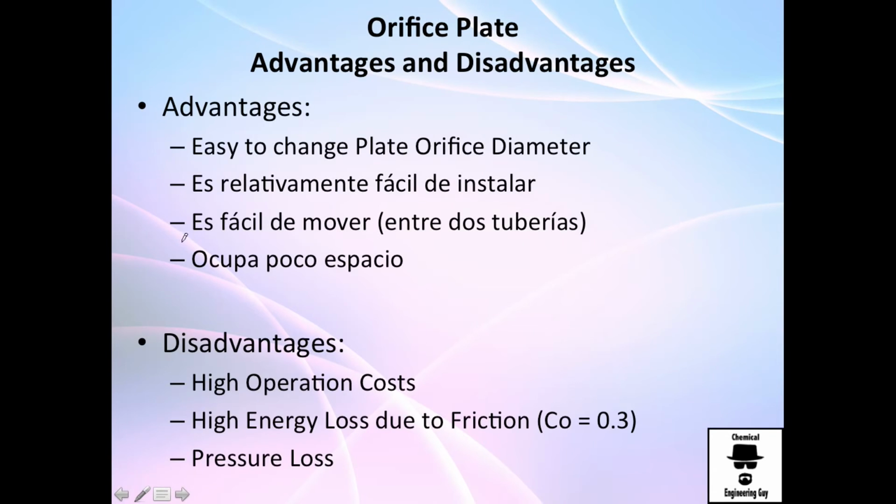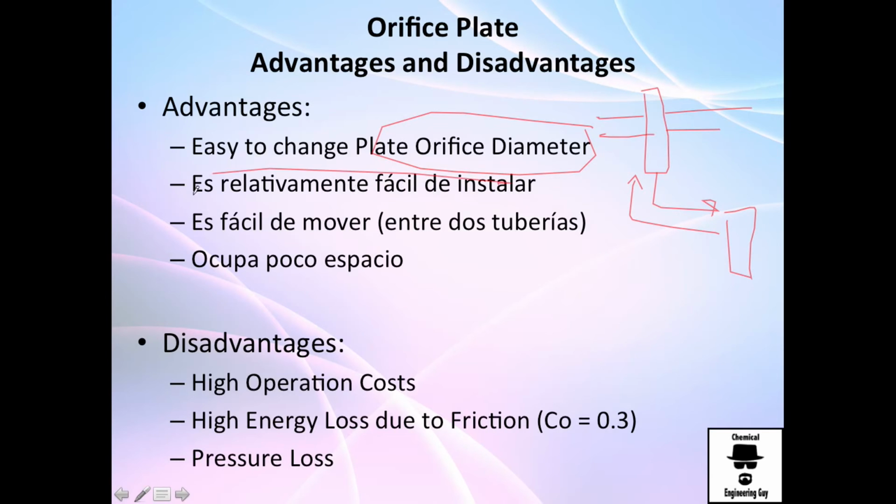But before advancing to an exercise, I want to show you the advantages of the orifice plate. The good thing is that it's very easy to change the orifice plate. Because they are plates placed in a pipeline, you can change it and then you bring another plate.